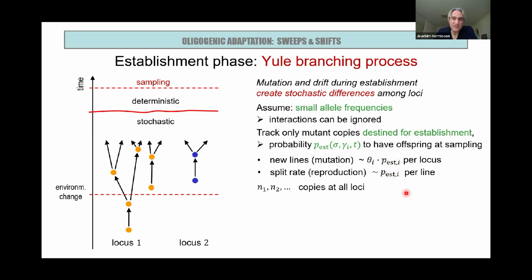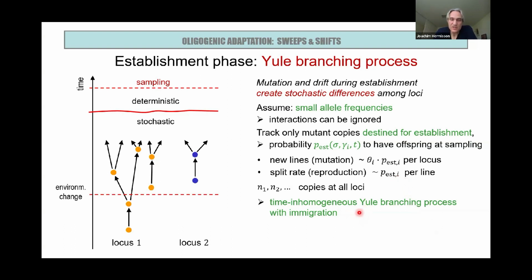And then there's a split rate. Of course, lines that are already there can have multiple offspring. And this is also proportional just to the establishment probability. This is a rate that occurs per locus, and this is something that occurs per line as we go forward. And then we count the copies of mutant alleles at all these loci. So that's a time-inhomogeneous Yule branching process with immigration.